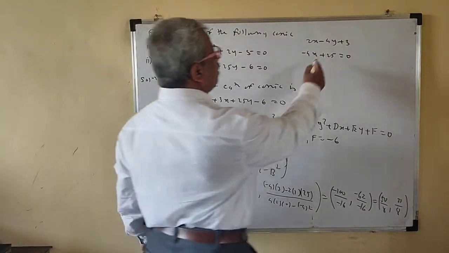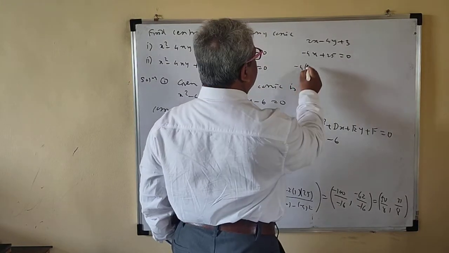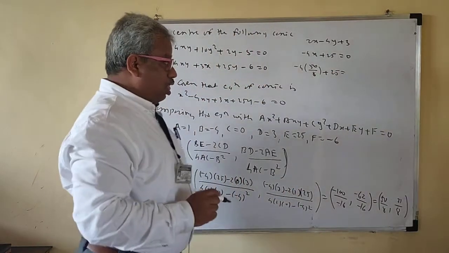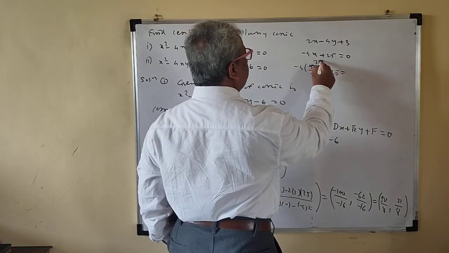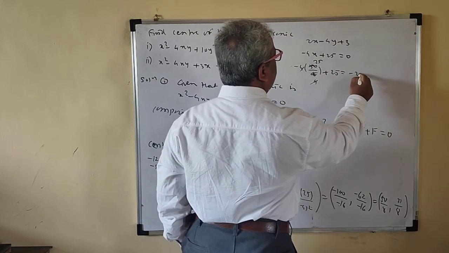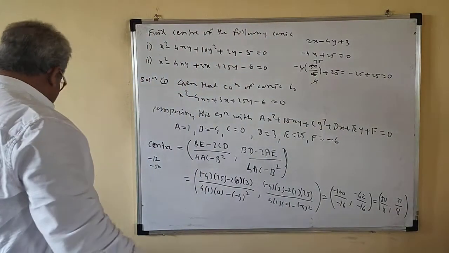So now we'll check the first one. Minus 4 into 50 by 8 plus 25. So 4 get cancelled. Minus 25 plus 25. This is 0. Okay, so for the first one.